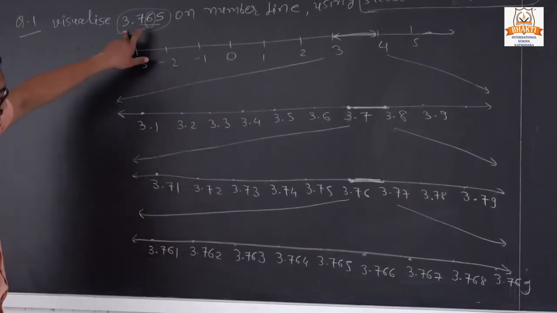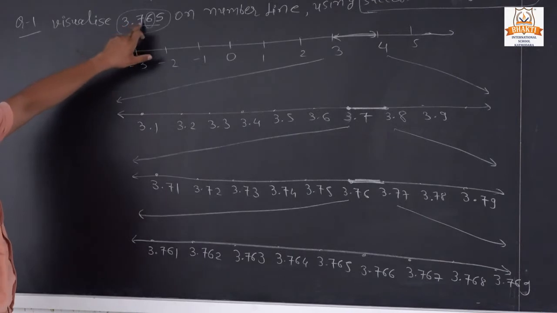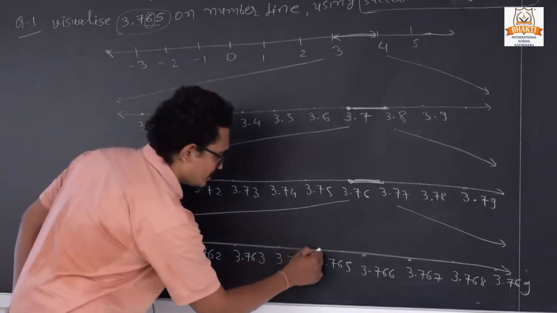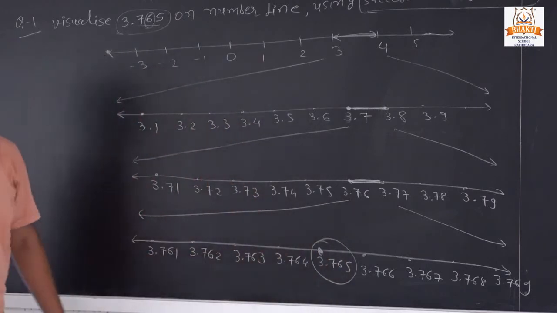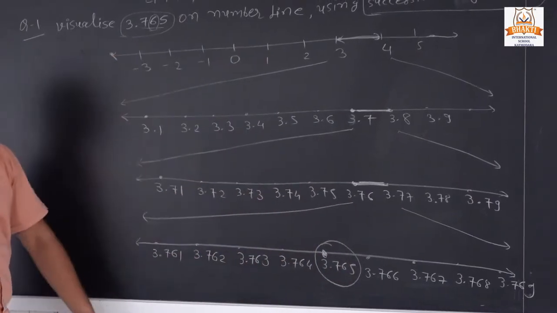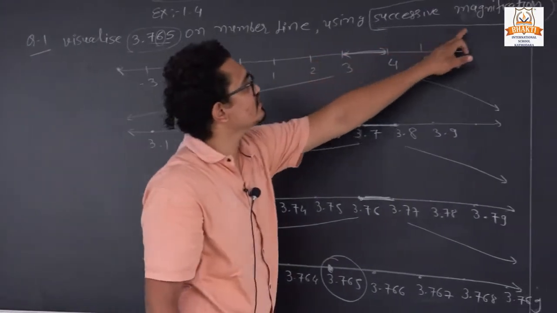So here which number do we want to represent? It will be 3.765. So it is our number 3.765. So it is called what? Successive magnification. It is called successive magnification.